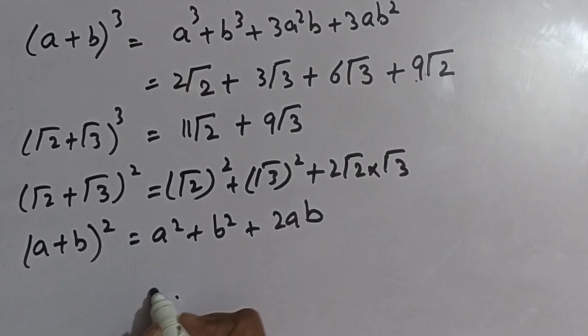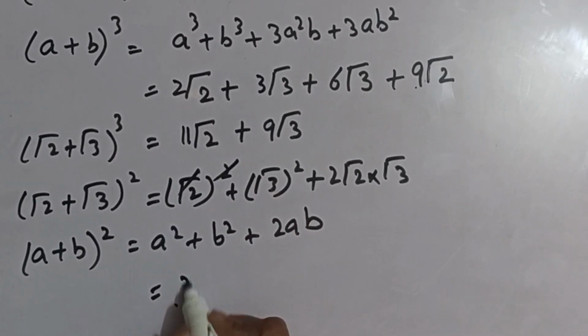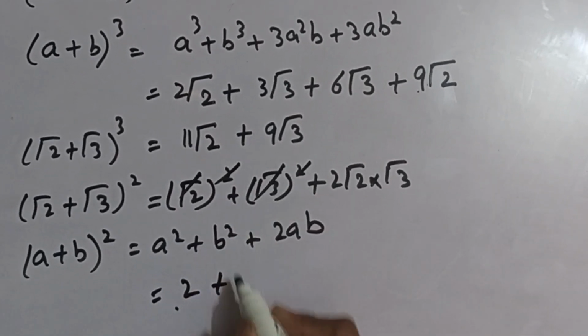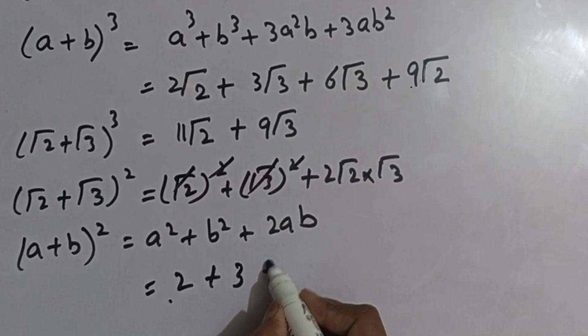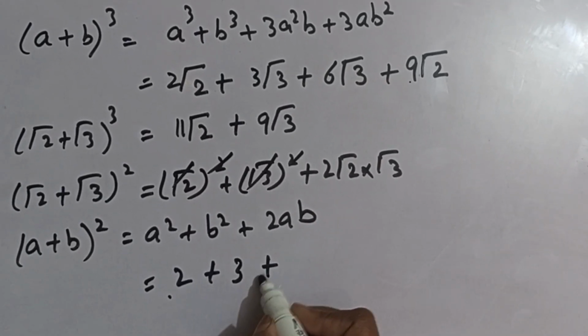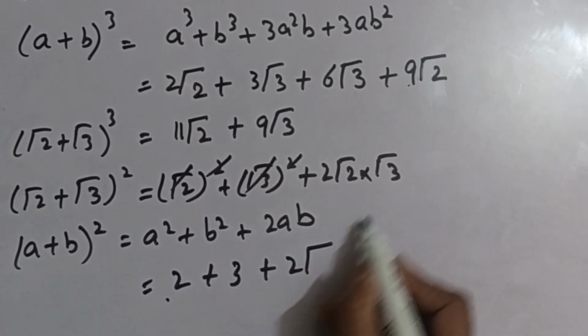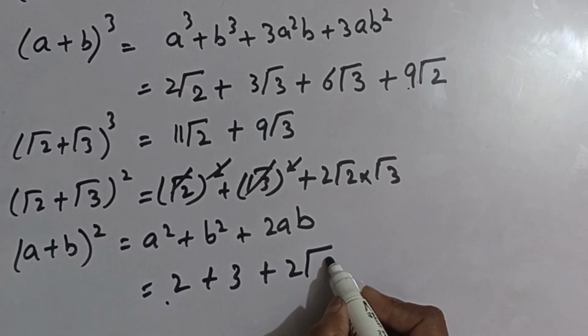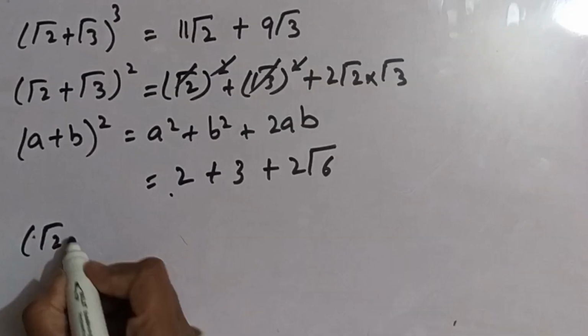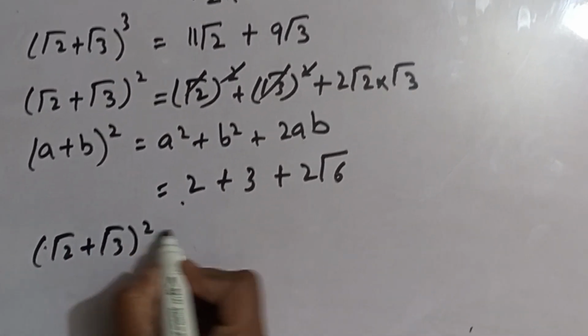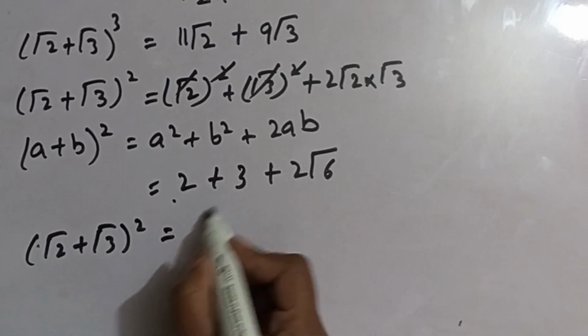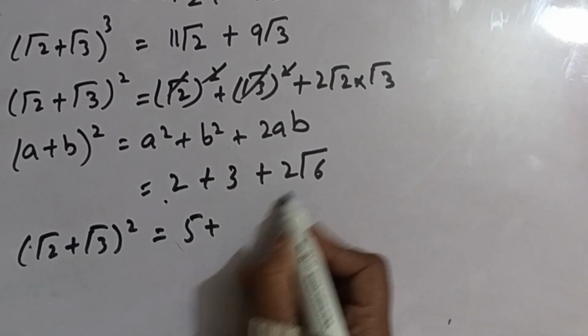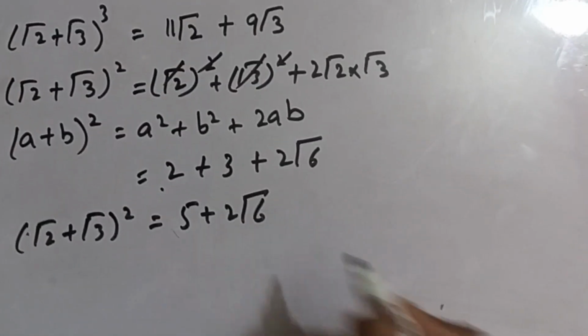Now we simplify: the square and square root cancel, we get 2, plus 3, plus 2 times, multiply this, we get 6. So square root 2 plus square root 3 whole square is equal to 2 plus 3, which is 5, plus 2 times square root 6.